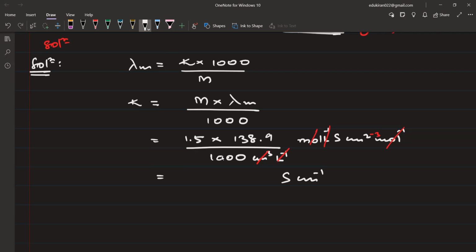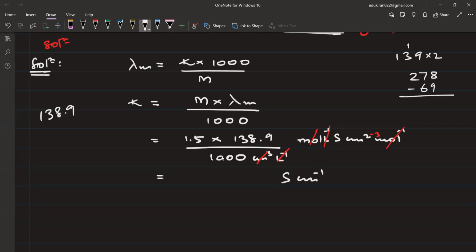What is the value that you are going to get? Just multiply this number 1.5 into 138.9. So how much will half be? If I take this as 139 into 2, 306 and 7, 202, 278, and what is half of 140? 69 minus 69.